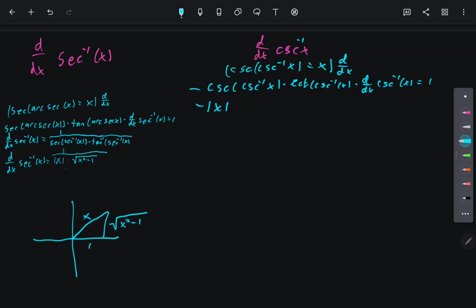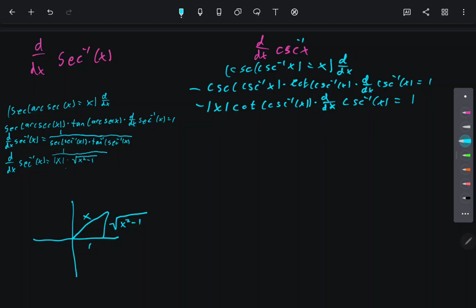We're going to then call this cotangent of cosecant inverse of x times d over dx of cosecant inverse of x is equal to 1.